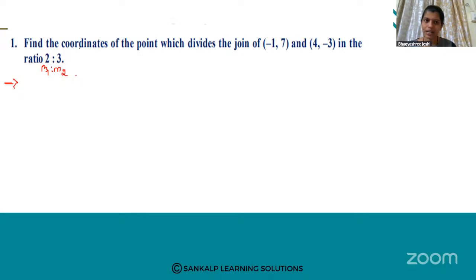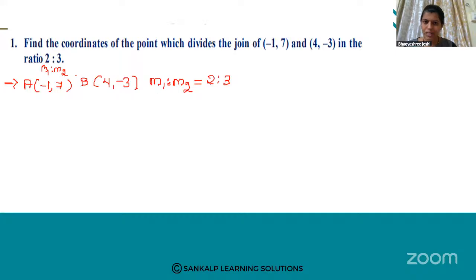We need to find the coordinates of the point which divides the line joining -1, 7. So let us write it correctly. A is (-1, 7) and B is (4, -3), and it is dividing in the ratio 2:3.